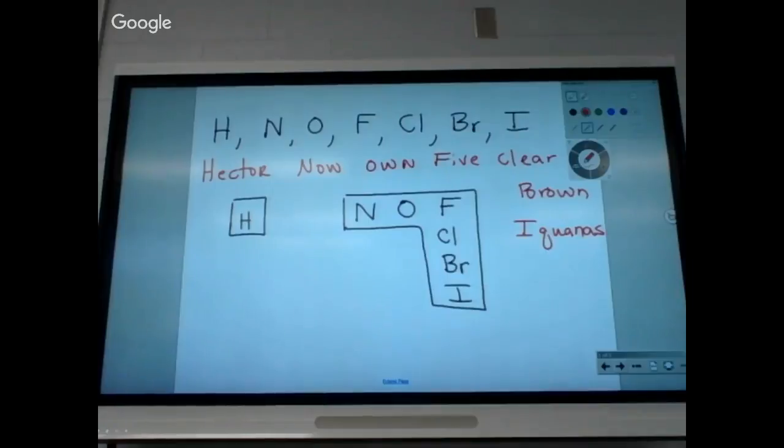The letters match the symbols, like clear, Cl for chlorine, brown, Br for bromine, and iguanas for iodine. Okay? Now, the reason I started that today is because you've got to get a head start on learning those, because they are going to be your nemesis in both math and writing word equations.